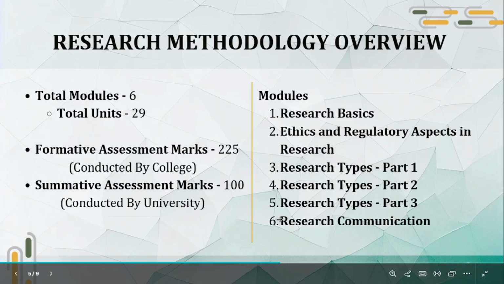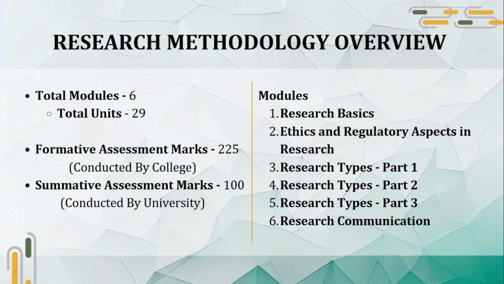So moving forward, the overview of the subjects. For the research methodology subject, we have 6 modules, which are further divided into 29 units. Formative assessments, which will be conducted by the institutions or colleges, will be of 225 marks. 6 formative or modular assessments will be conducted by the institutes, and 1 summative assessment, that is the final examination of this subject by the university, will be conducted after 6 months of your first semester.